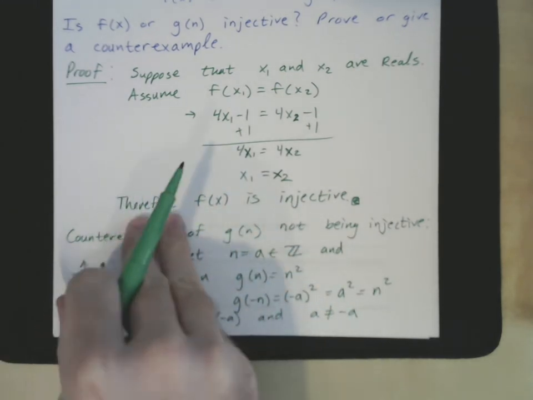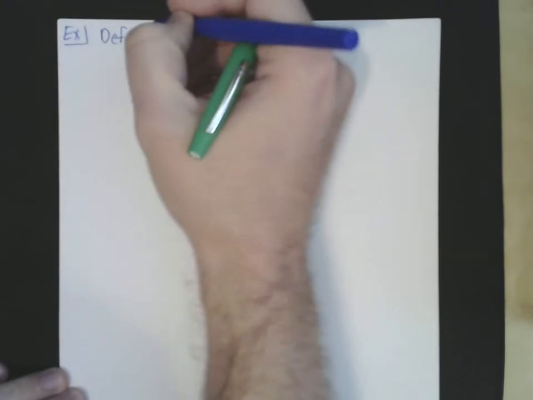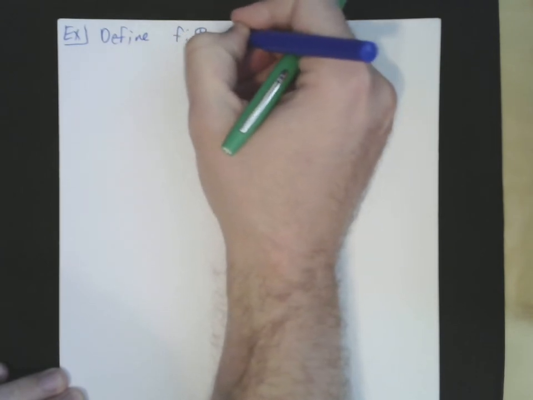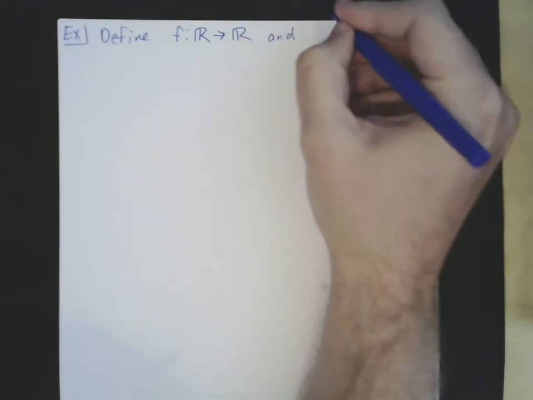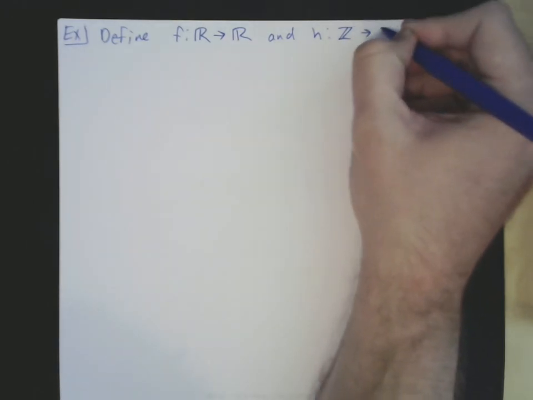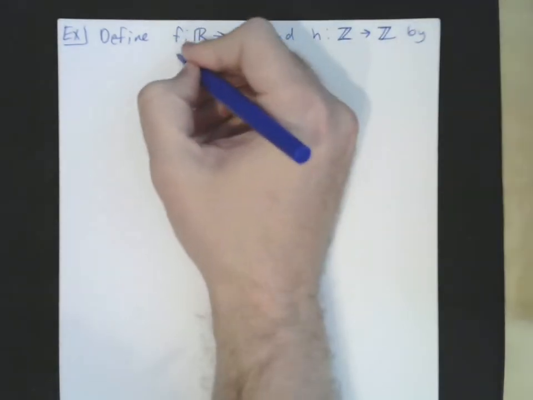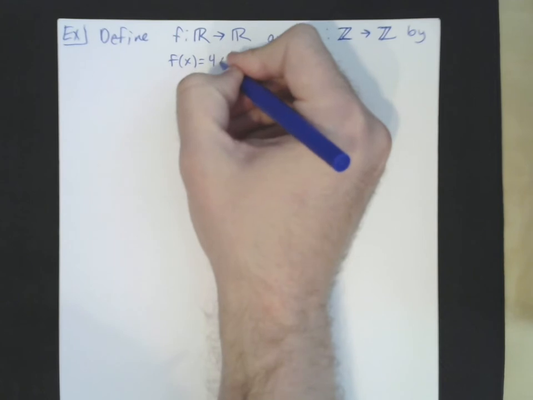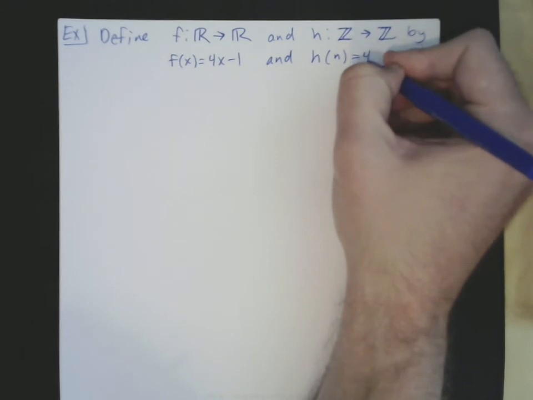So let's take a look at an example of surjectivity then. So we are going to define f to be the function that maps reals to reals, and g, now let's use h. Let's change it up. We'll map integers into integers by f of x equals 4x minus 1, and h of n will equal 4n minus 1.